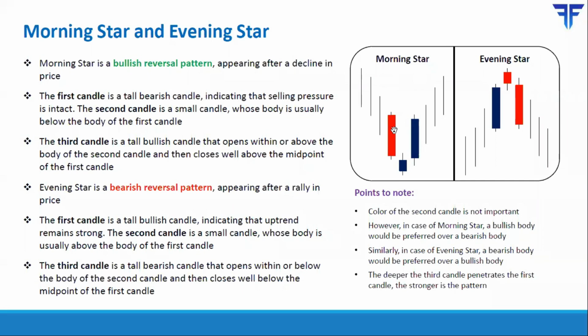The first of the three candlesticks is a tall red candle, which indicates that the downtrend is pretty much intact and sellers continue to dominate the markets. The second candle has a body that is usually below the body of the first candle, and the body of the second candle is relatively small.